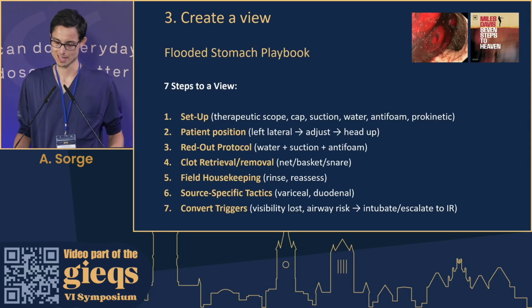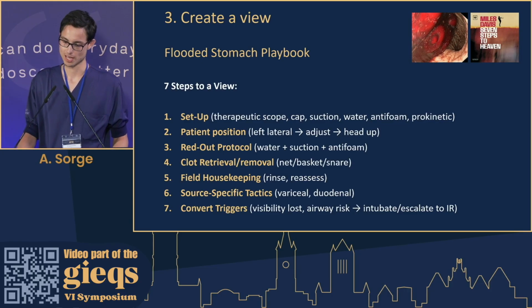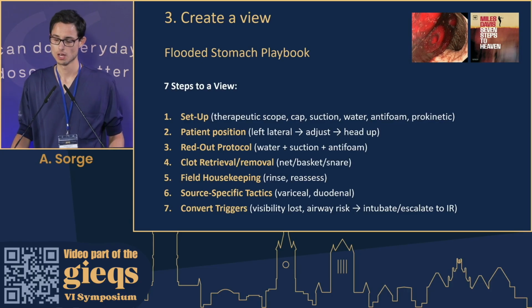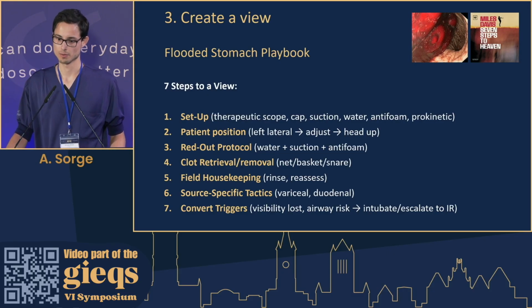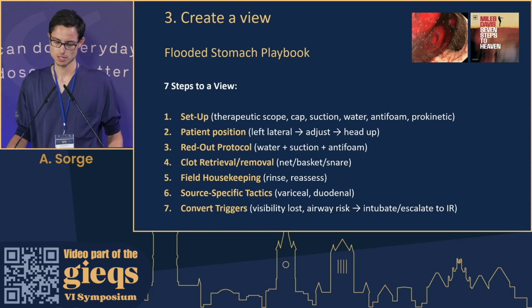We saw before an example of this playbook for the flooded stomach, so you can apply all different techniques to improve your visualization. Optimize the setup, think about patient position, having a protocol for readout, using suction and water and anti-foaming agent.